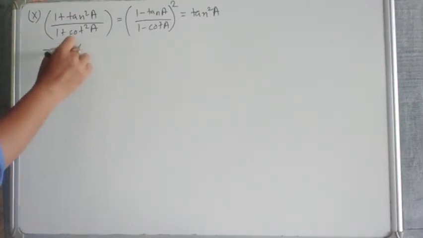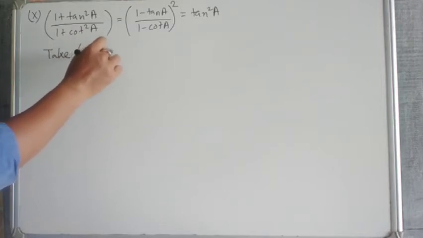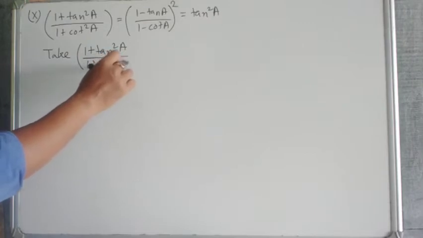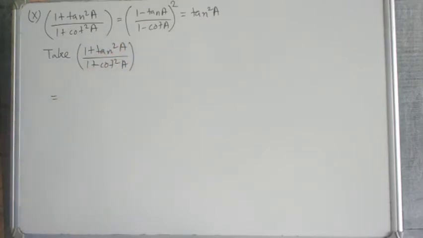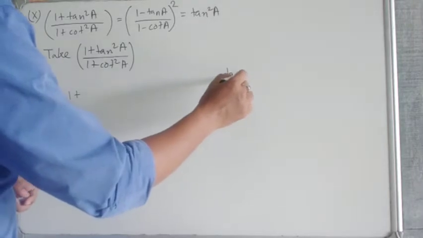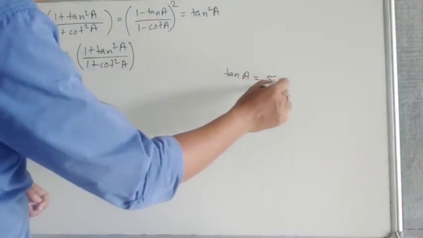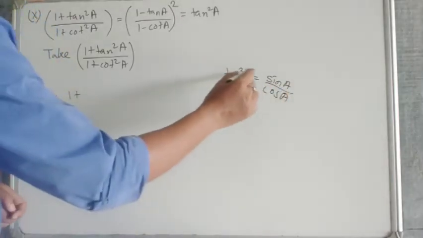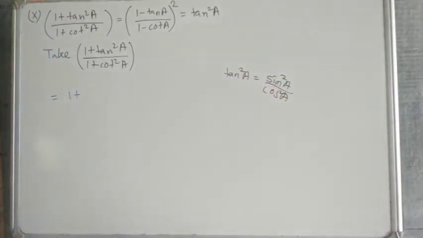Take 1 plus tan square A by 1 plus cot square A equal to. Now your basic formula for tan is sin by cos: tan A is equal to sin A by cos A. If it is squared, it will be squared everywhere.